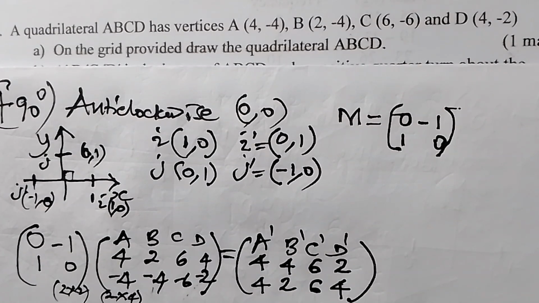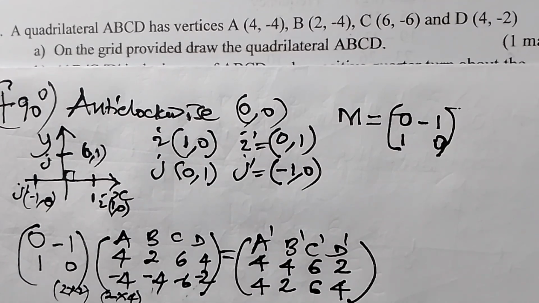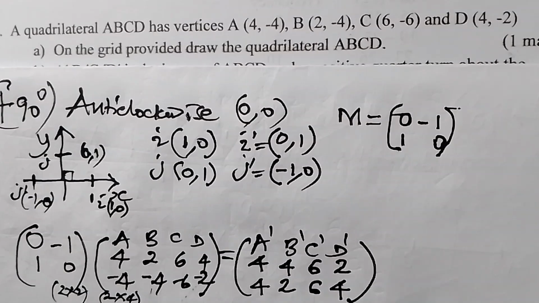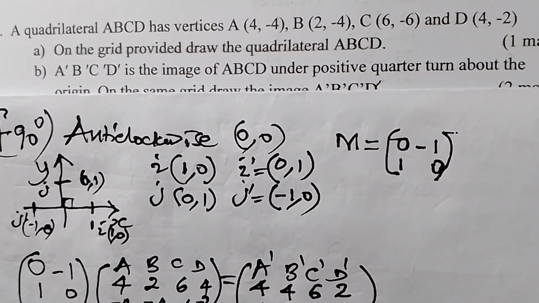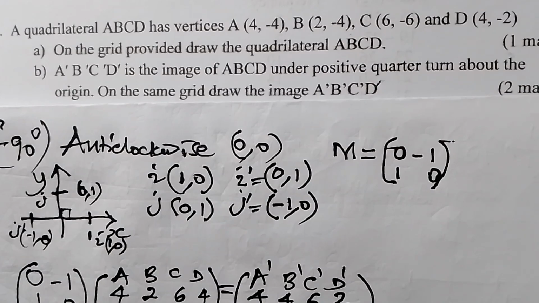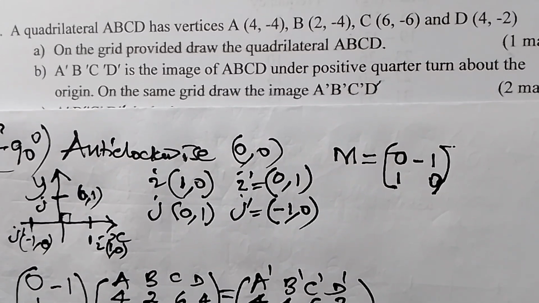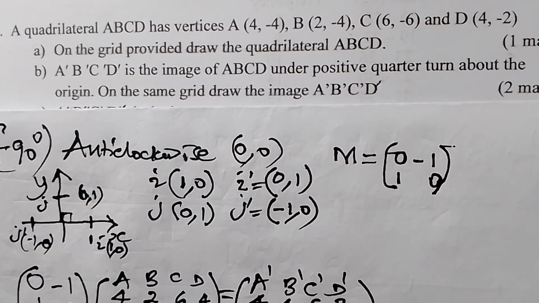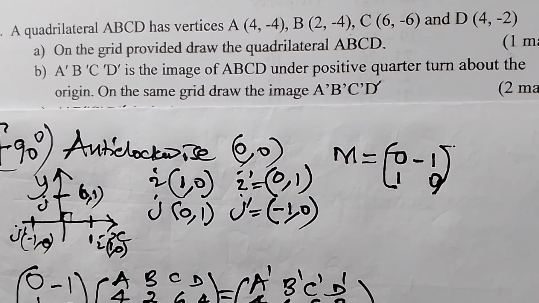So we now have the coordinates A1, B1, C1, D1, and we are told, after getting that, on the grid provided, or on the same grid, draw A1, B1, C1, D1.